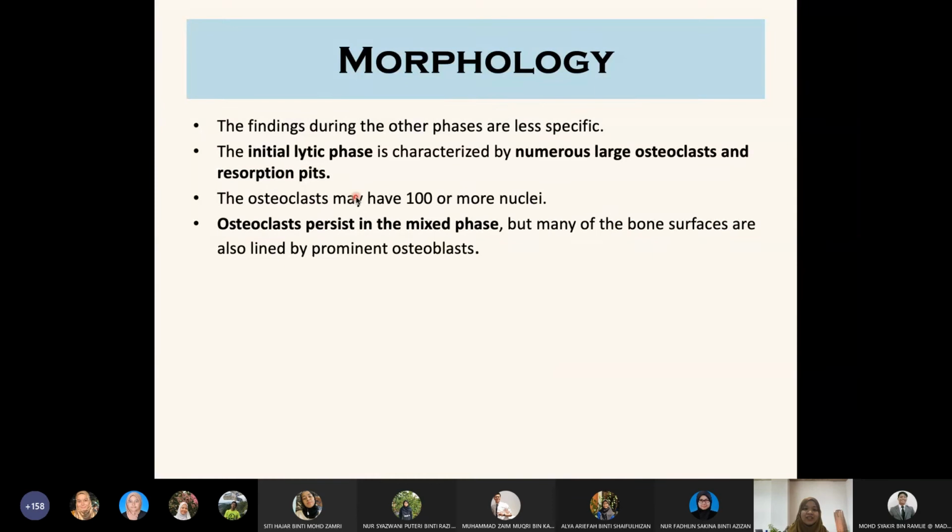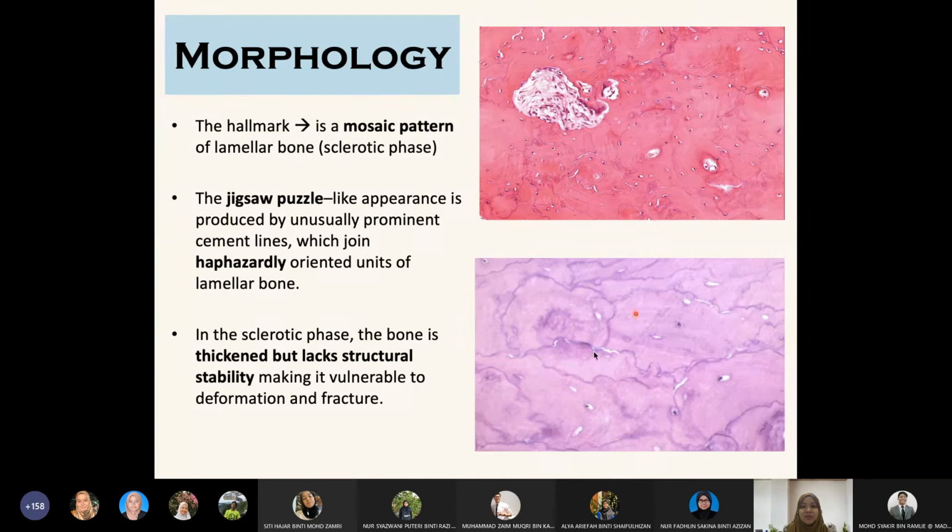The initial lytic phase usually has less specific findings, but you can have numerous large osteoclasts, because it is the osteolytic phase and resorption peaks. The osteoclasts can be more than 100, and they will persist in the mixed phase. But the more prominent would be the sclerotic phase, which is the mosaic jigsaw puzzle appearance.